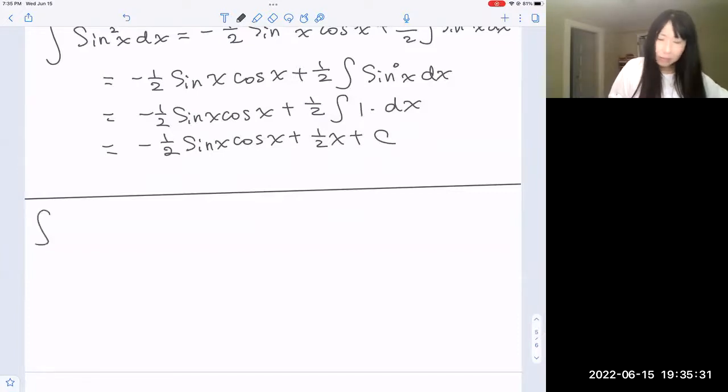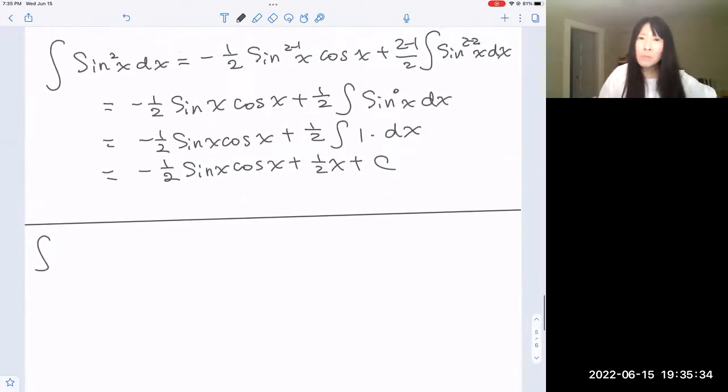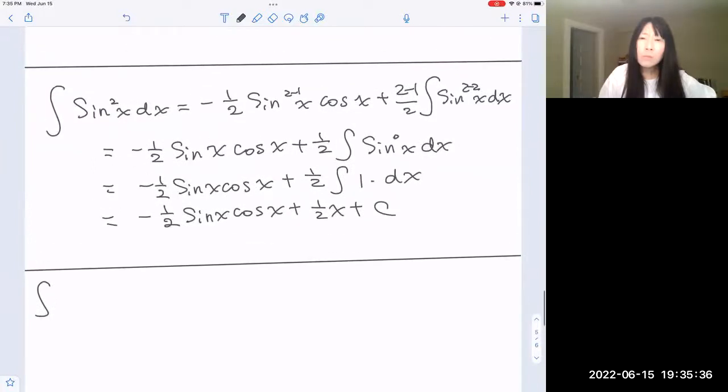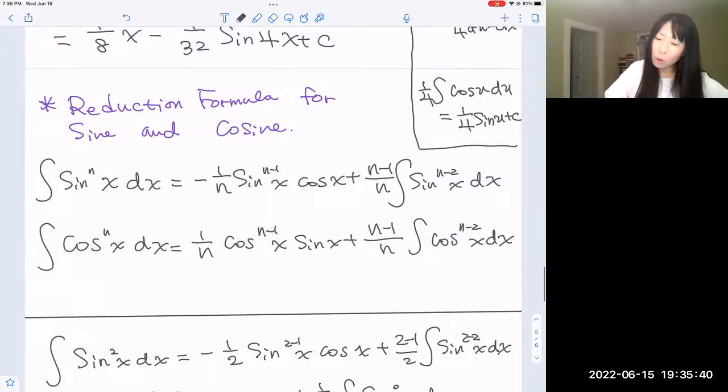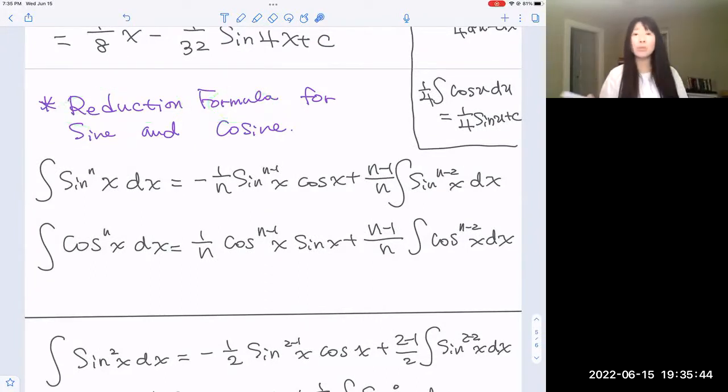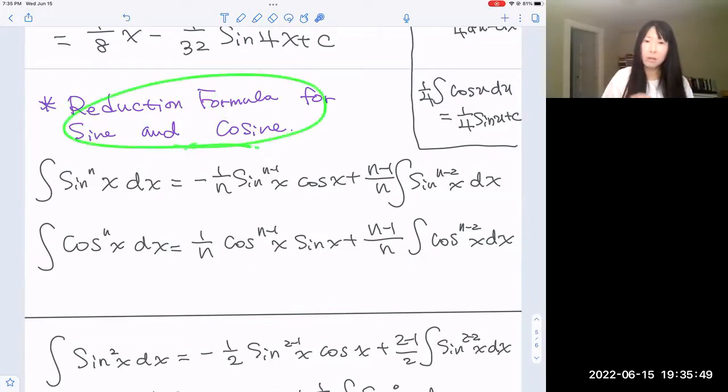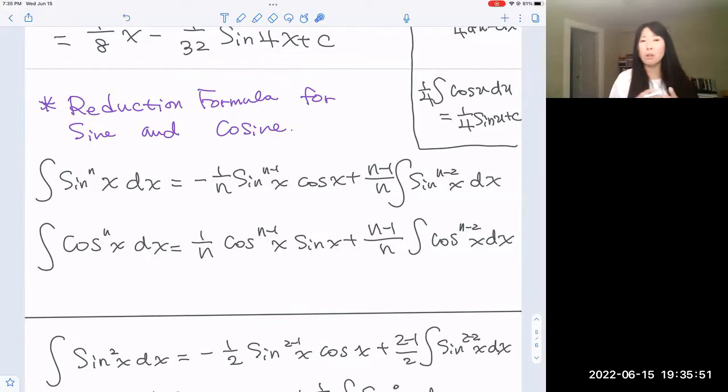Professor, I have a question. The one on top you wrote, the first one, they are just formulas? Yes, they're called reduction formulas. You don't have to remember them, especially since this is an online course.